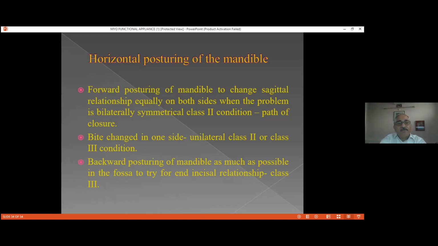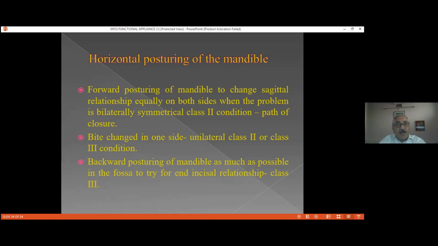The backward posturing of the mandible is a backward rotation of the mandible as much as possible in the fossa to try for an end-to-end incisal relationship in class 3 cases. Actually, we can give myofunctional appliances in class 3 cases as well.